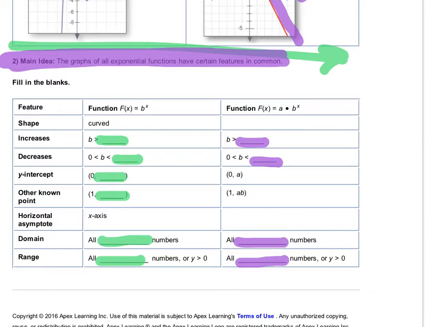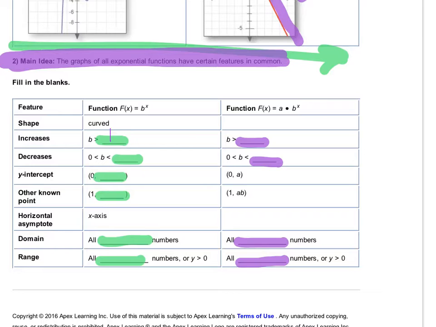All right, so the main idea is that the graphs of exponential functions have certain features in common. If we look at the function on the left highlighted in green, it says f of x is equal to b raised to the x power. The shape on that graph is always going to be a curve. And here's what you got to know. It increases if b is greater than 1.